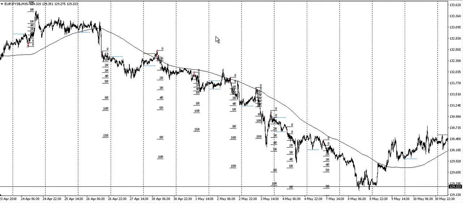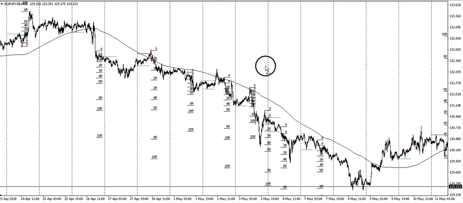So you can see the entries down here. You've probably got 1, 2, 3, 4. It's probably 4 10R winners there in a period of less than 2 weeks. So 40R there.